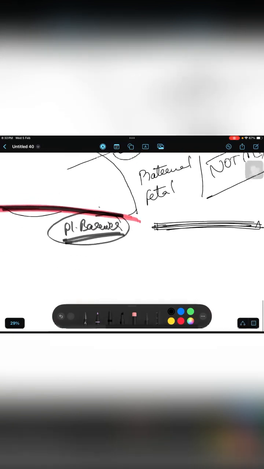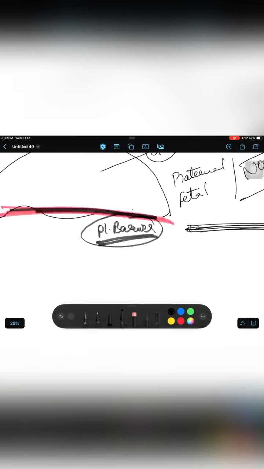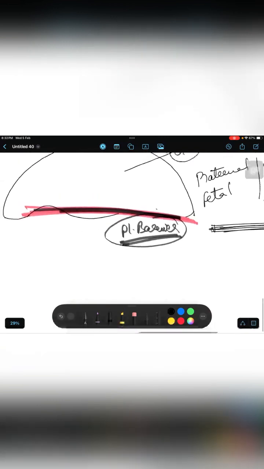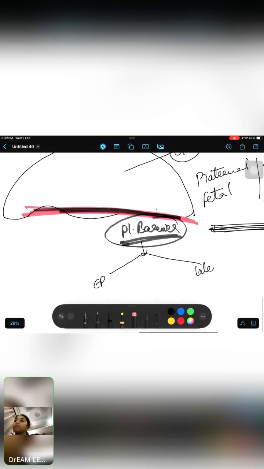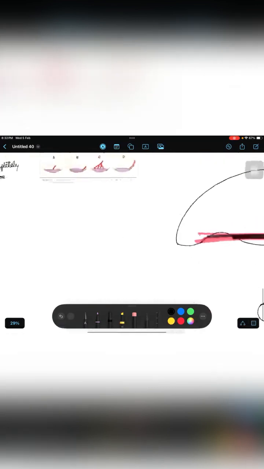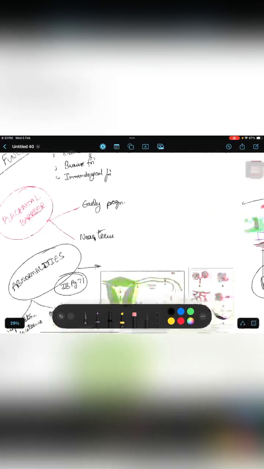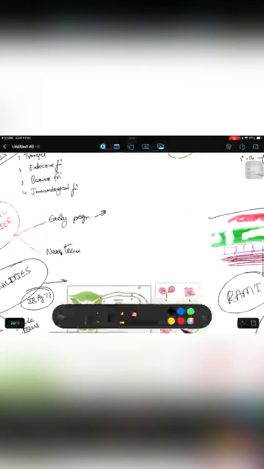Coming to the composition, what is the placental barrier and how are we going to deal with it? In the early pregnancy and in the late pregnancy, how are you going to see this? In the early pregnancy, there will be syncytiotrophoblast and cytotrophoblast.